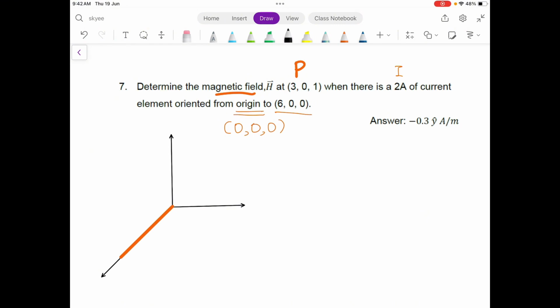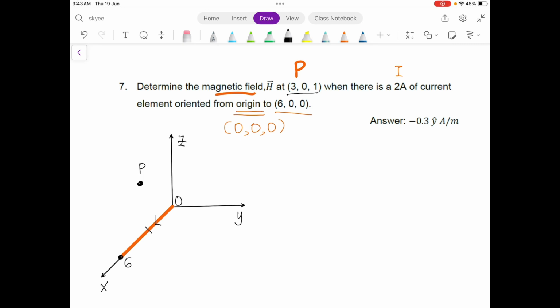The current elements start from the origin and go to point 6, 0, 0, so this is point 6 on the x-axis. Your observation point is 3, 0, 1. So let's locate this point. 3 might be here at the middle. So it is the observation point, point P. We have to find the magnetic field at these positions.